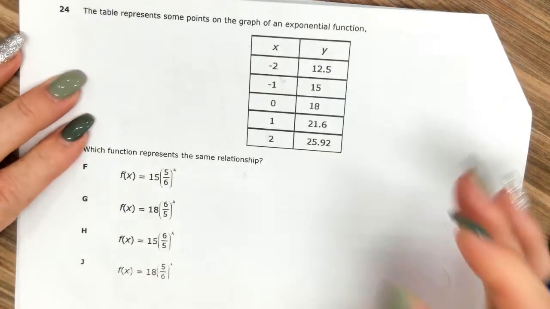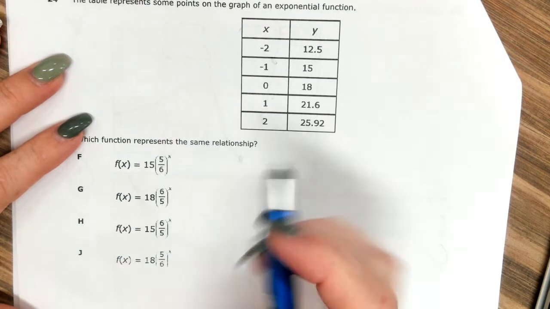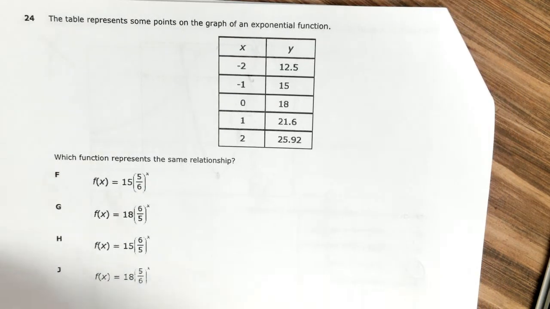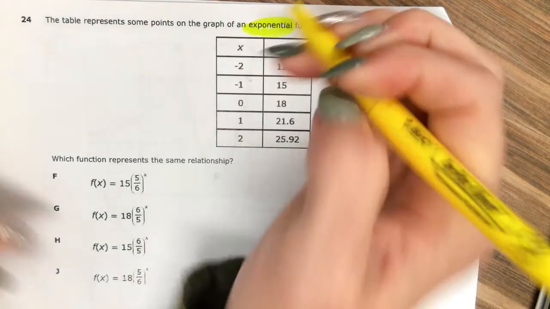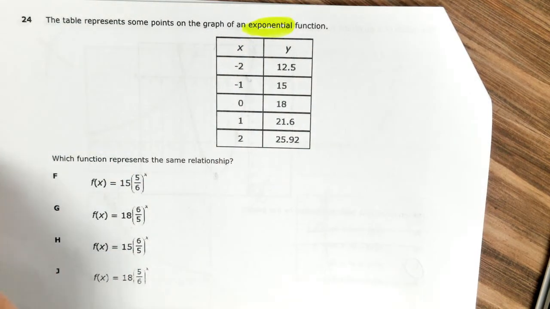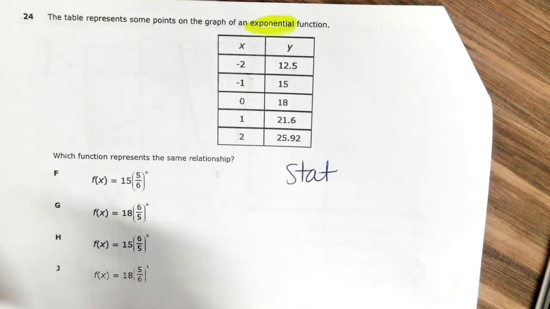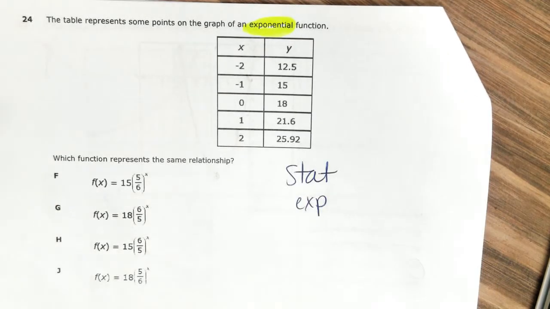Number 24. Now, on this one, could you type those in y equals and go check them? Okay, but since it said exponential, what could I use? I could use stat and choose the option for exponential.